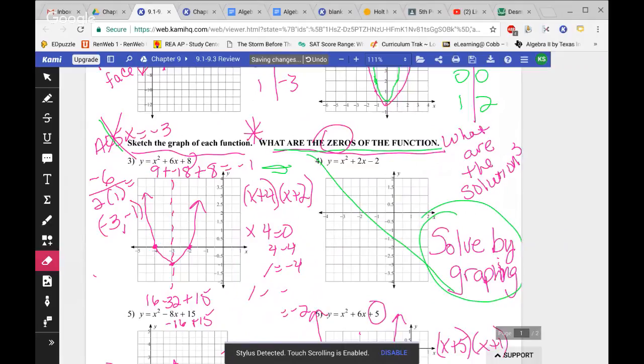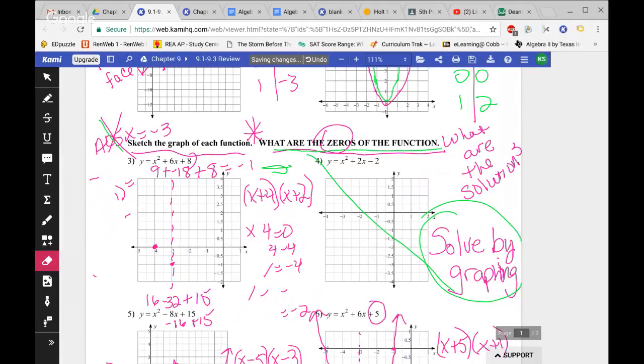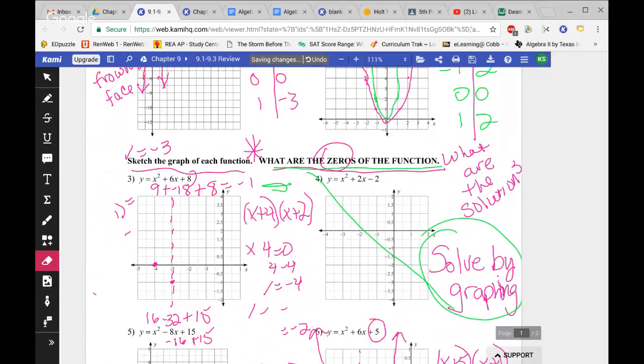On this one, I feel like it won't be that bad, because when it says find the axis of symmetry, which is kind of what we did on the first couple of problems, that's all you're going to need to do.